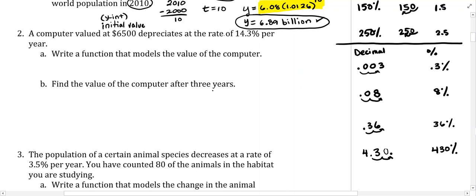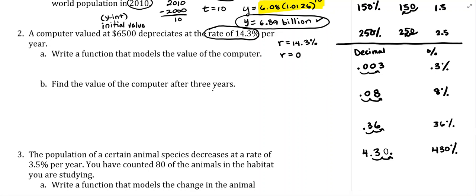Depreciates at a rate of 14.3%. So we know the rate, r, is equal to 14.3%, or if I move the decimal twice to the left, it's going to be 0.143.